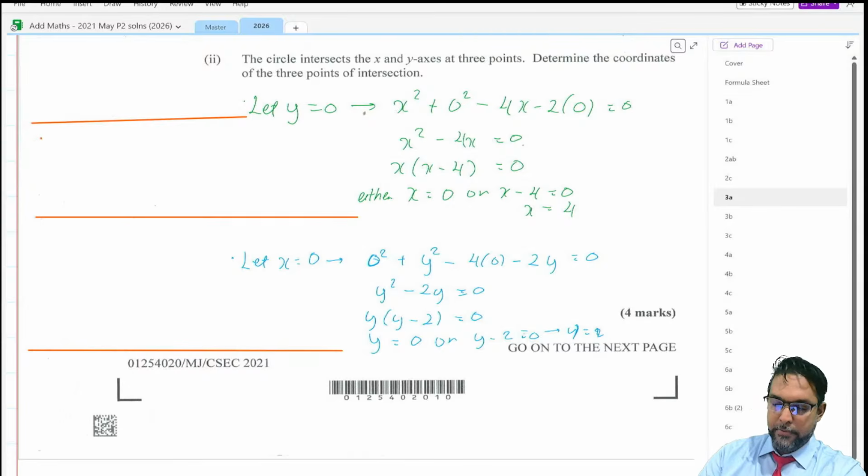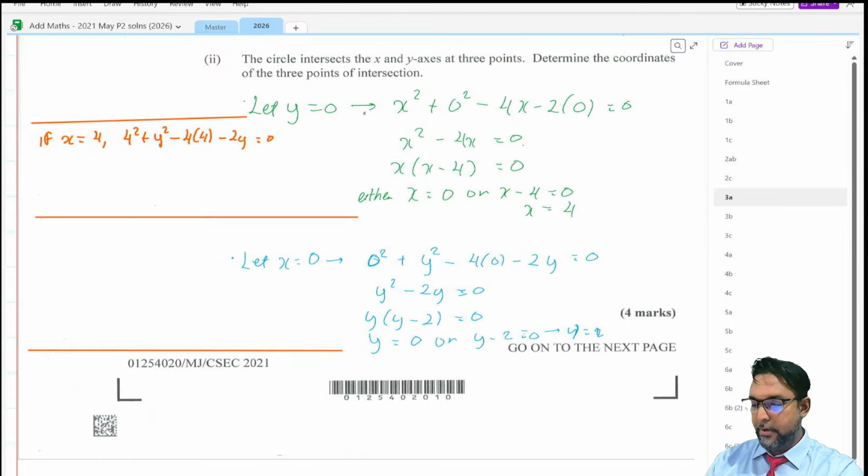Right, so if x is equal to 4, then I have 4 squared plus y squared minus 4 by 4 minus 2 by y equal to 0. Well, 4 squared and 4 by 4 is the same, so I have y squared minus, well, that's the same thing as before.